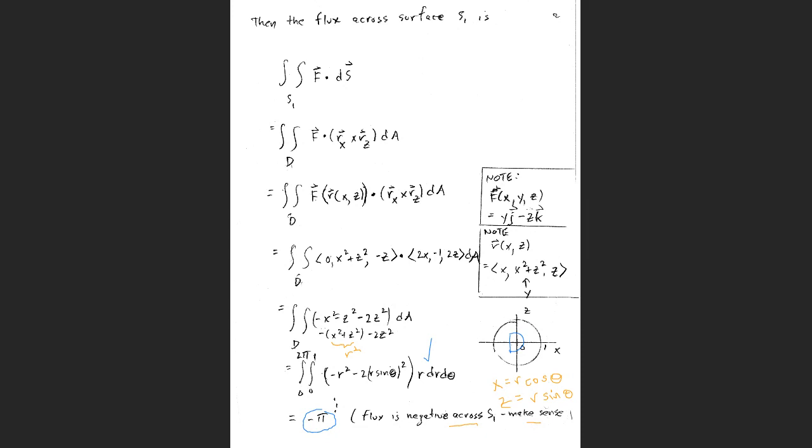Good, all right. Let's go back to our picture here. And here we are again. Now we're on this second surface, this disk. Here's the vector field.